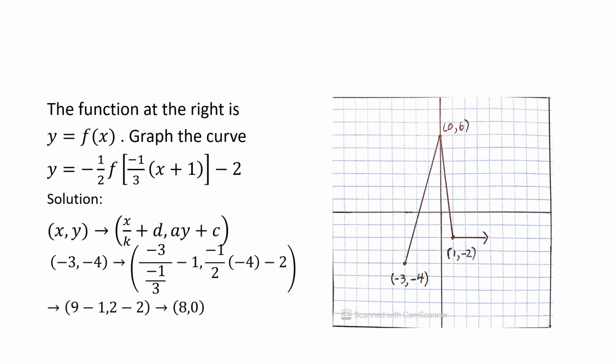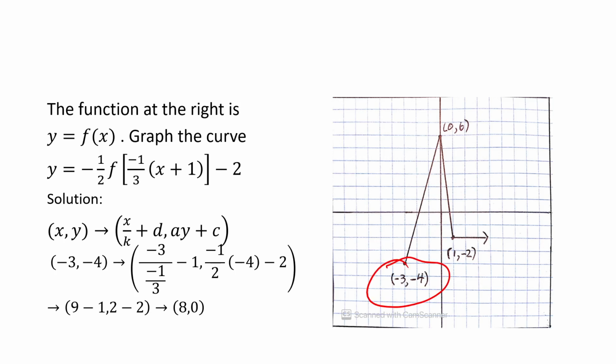So we determine that a is equal to -1/2, k is equal to -1/3, d is equal to -1, and c is equal to -2. And we take turns with each of those 3 points, plotting them, putting them through the transformation mapping formula.